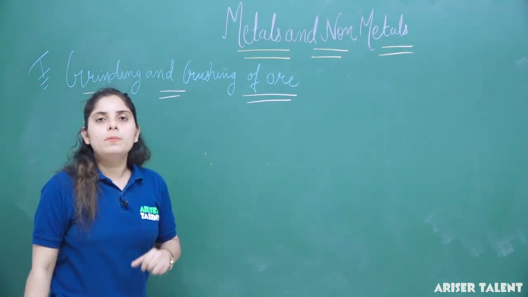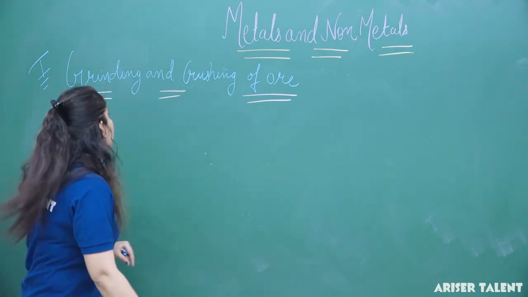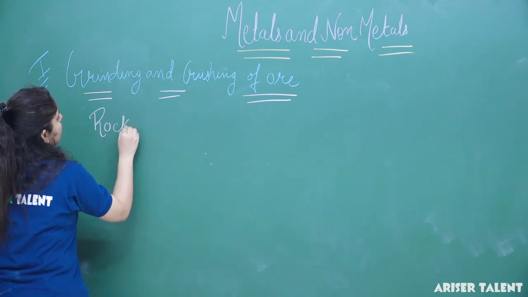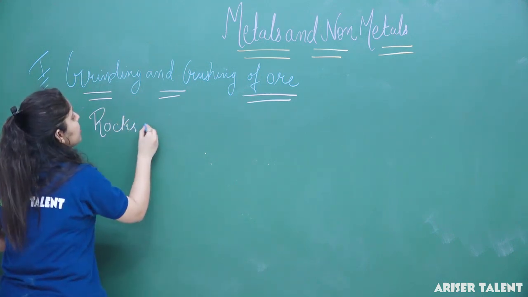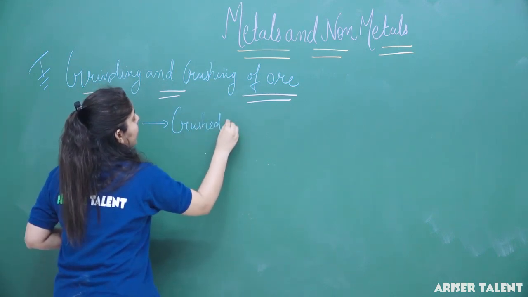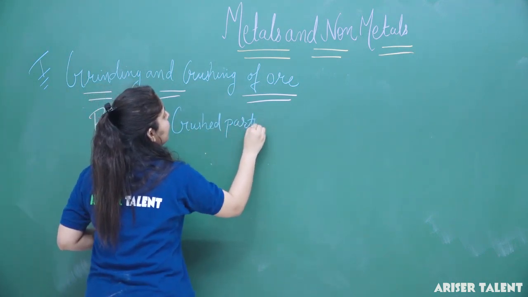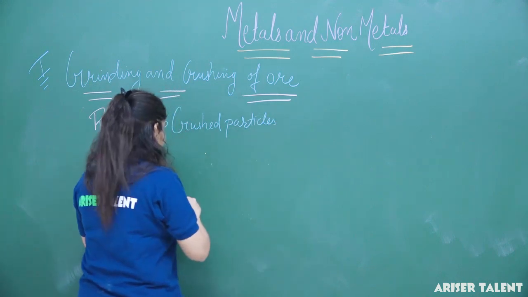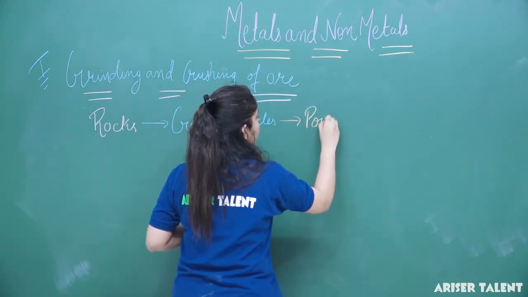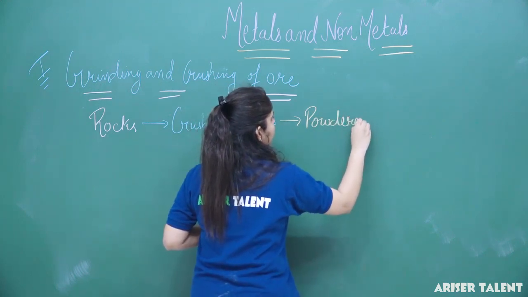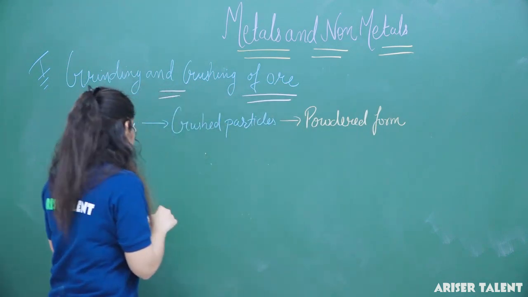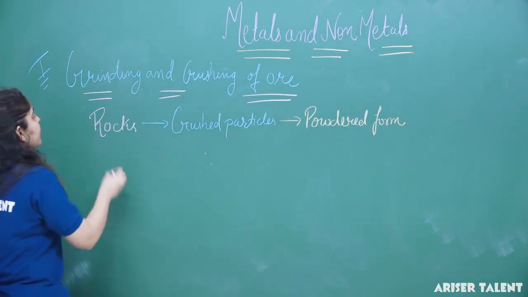The ores obtained from the earth's crust are in the form of rocks. These rocks are converted into crushed particles, and these crushed particles are further converted into powdered form. These are the basic steps involved in the first grinding and crushing process.